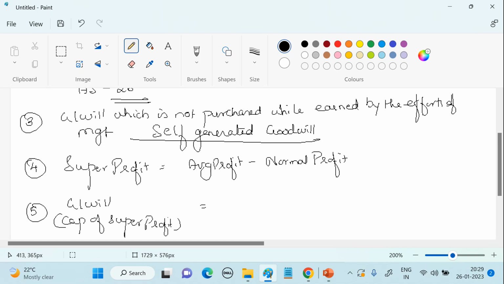Super profit divided by normal rate of return into 100. Very good. That's it. So like these, you can get some 1 mark questions somewhere. Some calculations might be required. They might give you these details or they might ask you for an amount. They might give you the details and ask you to calculate goodwill. That also can come for 1 mark. So I hope it was a useful session.